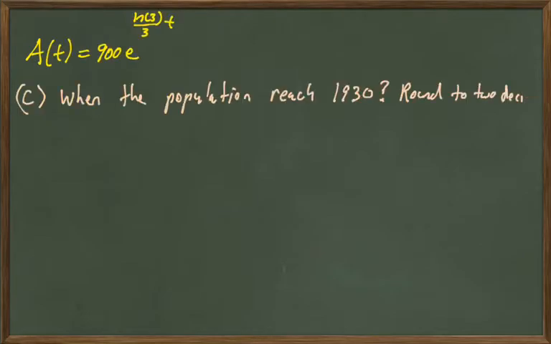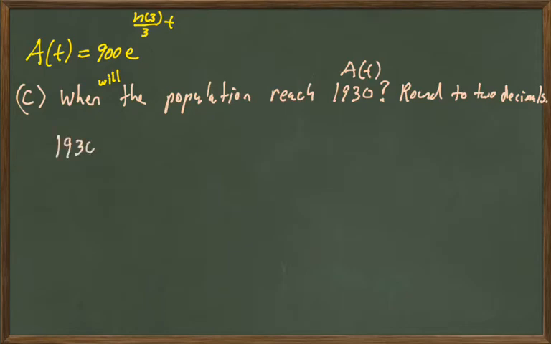Okay, so we'll go ahead and write our model again, and this time the question is when will the population reach 1,930 bacteria, and then they'll want us to round to 2 decimals, I think, is what they're asking online. Okay, so you have 2 variables in your formula, A of t and t. A of t is your population, t is your time. 1930 is not a time here; it's a bacteria.